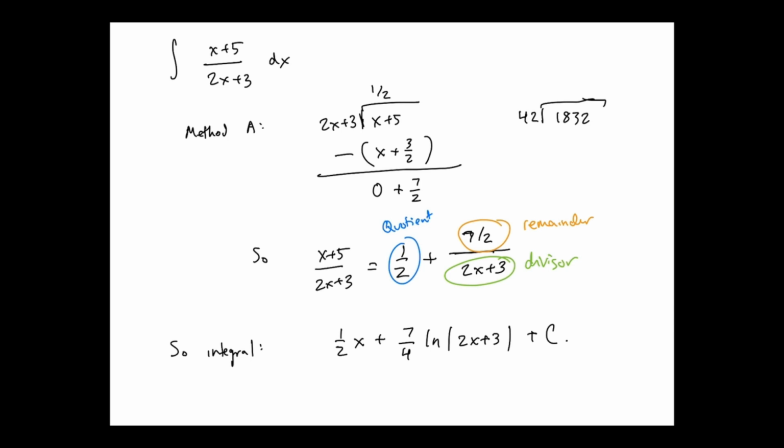But actually, you're looking at the partial fraction decomposition, right? Because the denominator here is a monomial, the first thing we would do is long division, and then we would do the partial fraction decomposition on that part, the remainder over the divisor. But since this is a single linear term, there's nothing to do.